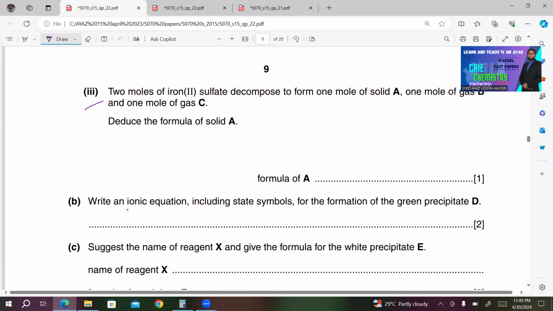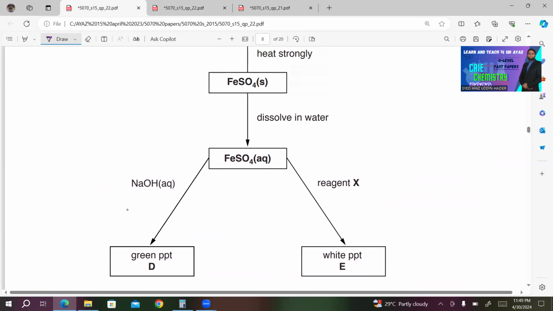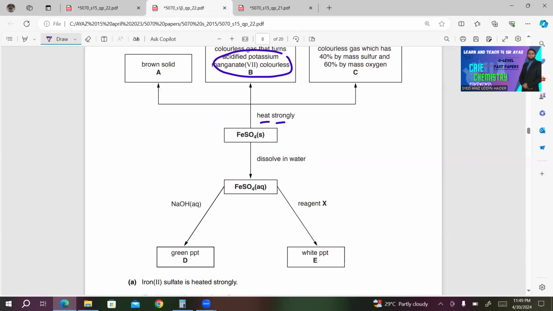Next part. 2 moles of iron(II) sulfate decompose to form 1 mole of solid A, 1 mole of gas C and 1 mole of gas B. So where's gas B? Here's gas B. Gas B is SO2.